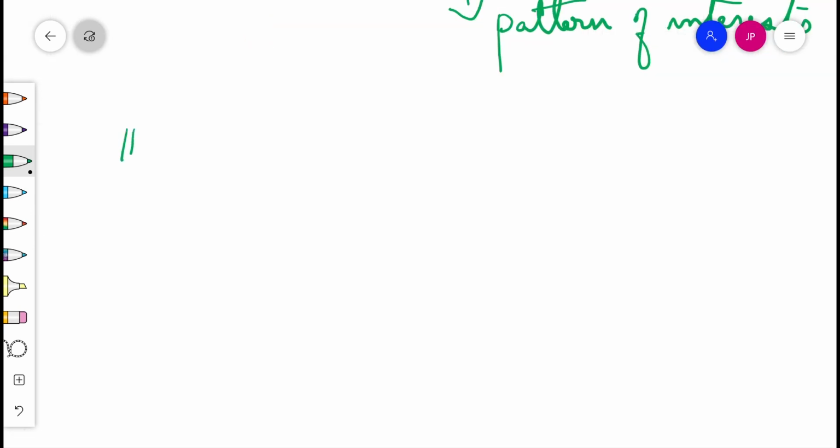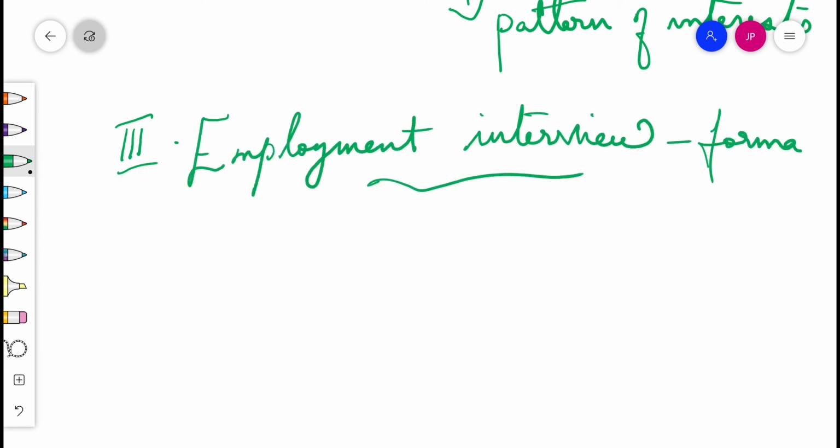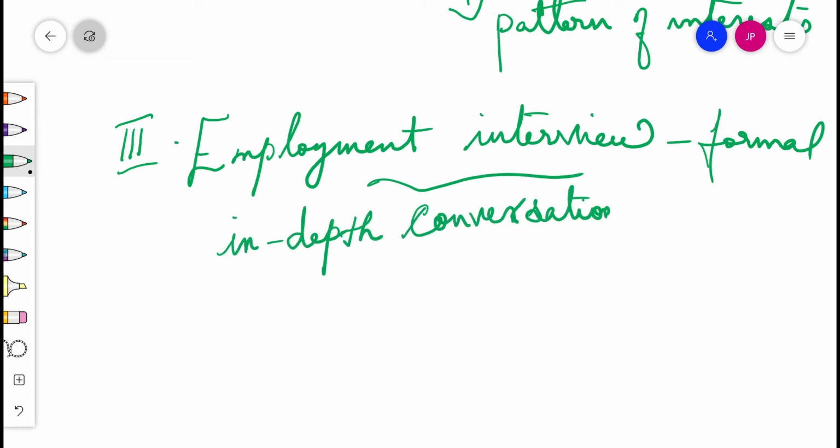The third step is employment interview. Interview is a formal, in-depth conversation conducted to evaluate the applicant's suitability for the job. The role of the interviewer is to seek information and that of the interviewee is to provide the same. Fourth step is reference and background checks.